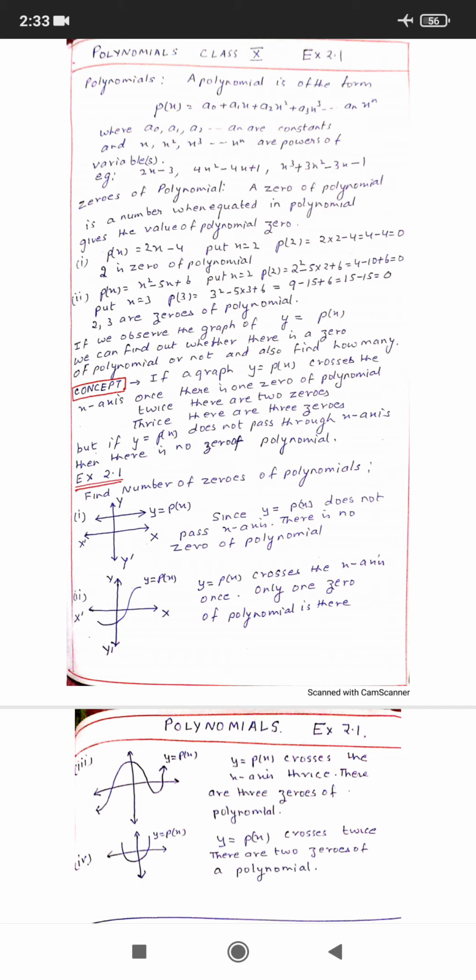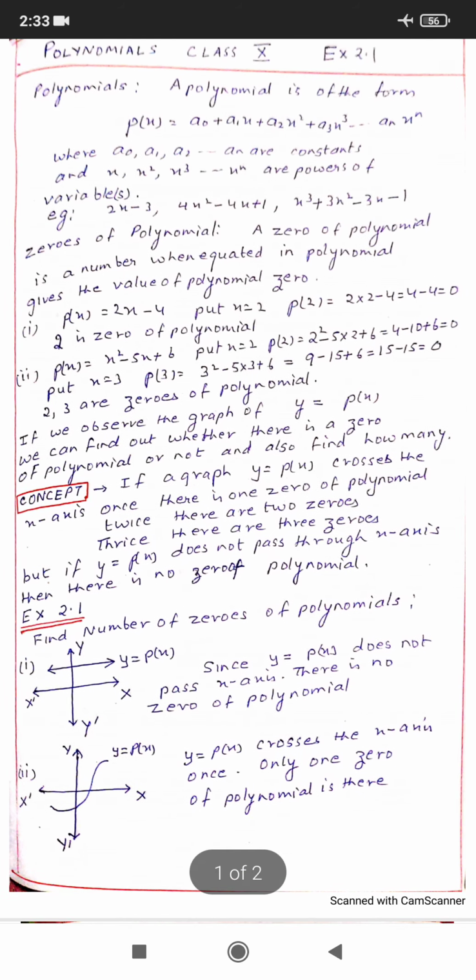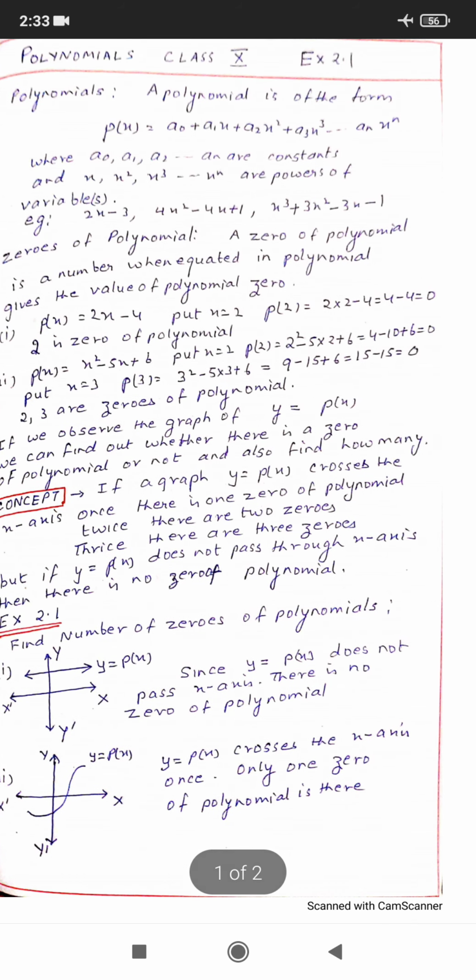A polynomial is of the form p(x) = a0 + a1x + a2x² + a3x³ + ... + anxⁿ, where a0, a1, a2 up to an are constants, and x², x³ up to xⁿ are powers of variables.